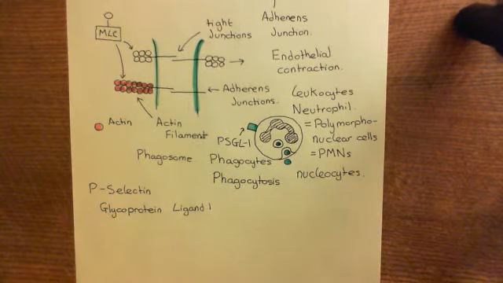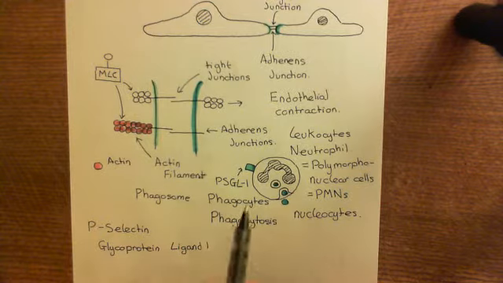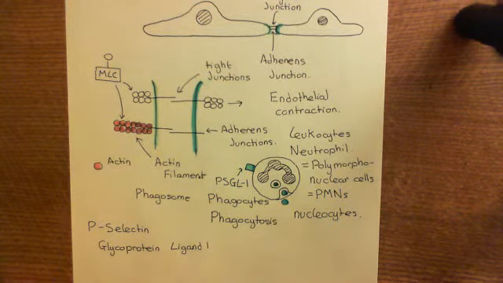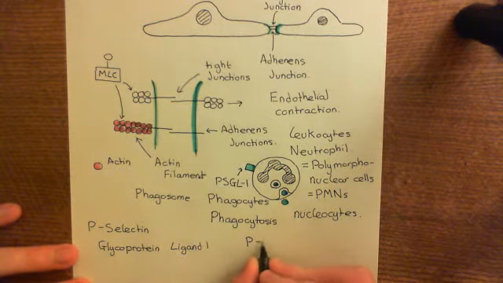Right, so in order to catch the neutrophils as they're moving through the blood vessel, you're going to put on the surface of these type 1 endothelial cells a receptor for PSGL1. And the receptor for PSGL1 is a protein known as P-selectin.